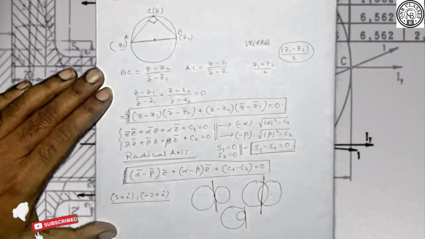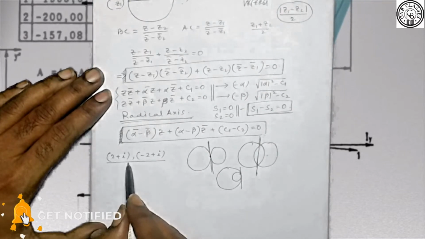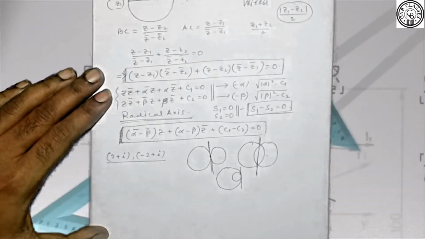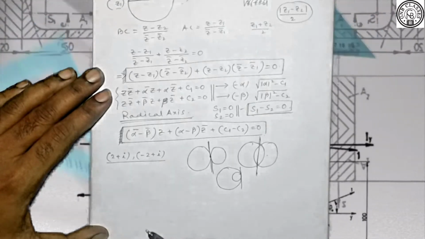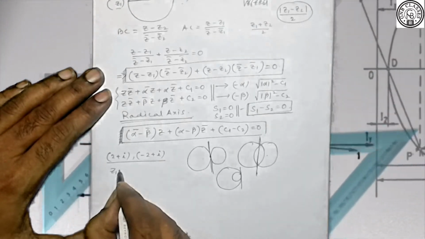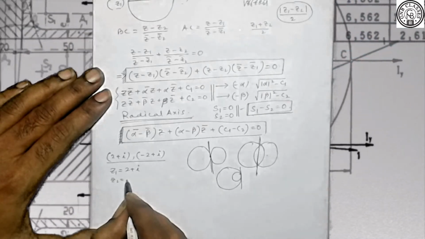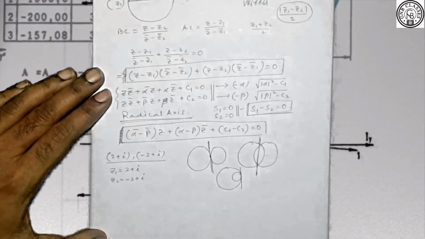So when the extremities of the diameter are given and it is required to find the equation of the circle, I will take one point to be z1 and another point to be z2.